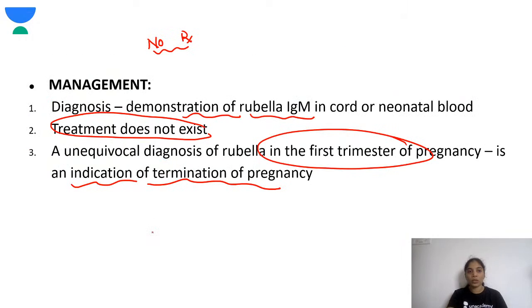So this you need to remember, and there is no management for congenital rubella. If in a pregnant woman in the first trimester an unequivocal diagnosis of rubella is made, it is an indication for termination of pregnancy, because rubella can cause serious congenital malformations which can hamper the life of the child.